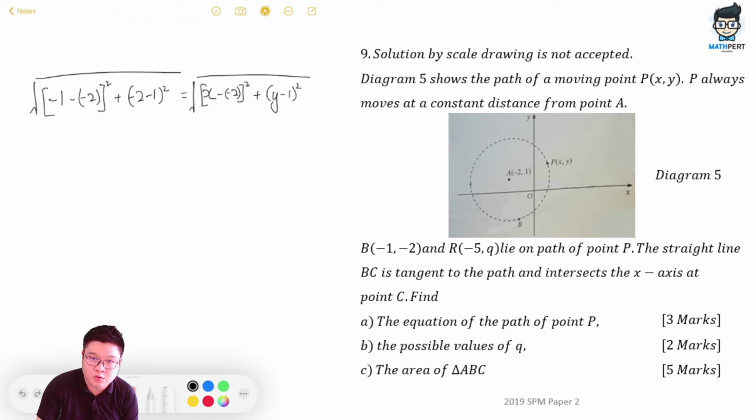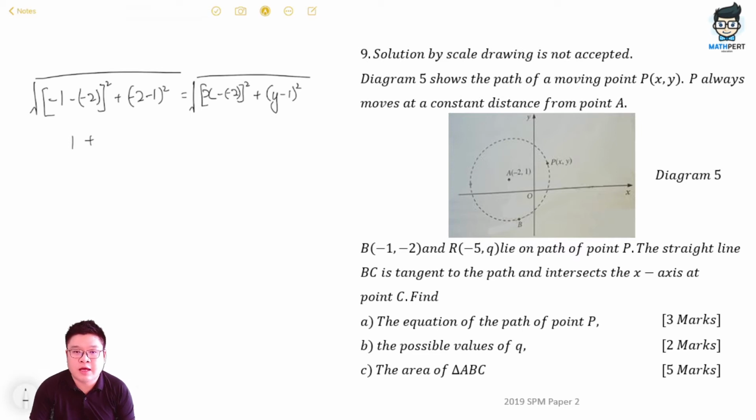When we square both sides, what do we get? -1 minus -2 is -1 plus 2, I get 1. 1 squared, I get 1. Plus (-2 minus 1), I get -3. -3 squared, I get 9. Equals to (x minus -2), that means (x plus 2) squared. So (x plus 2) squared, I will get x squared plus 4x plus 4.